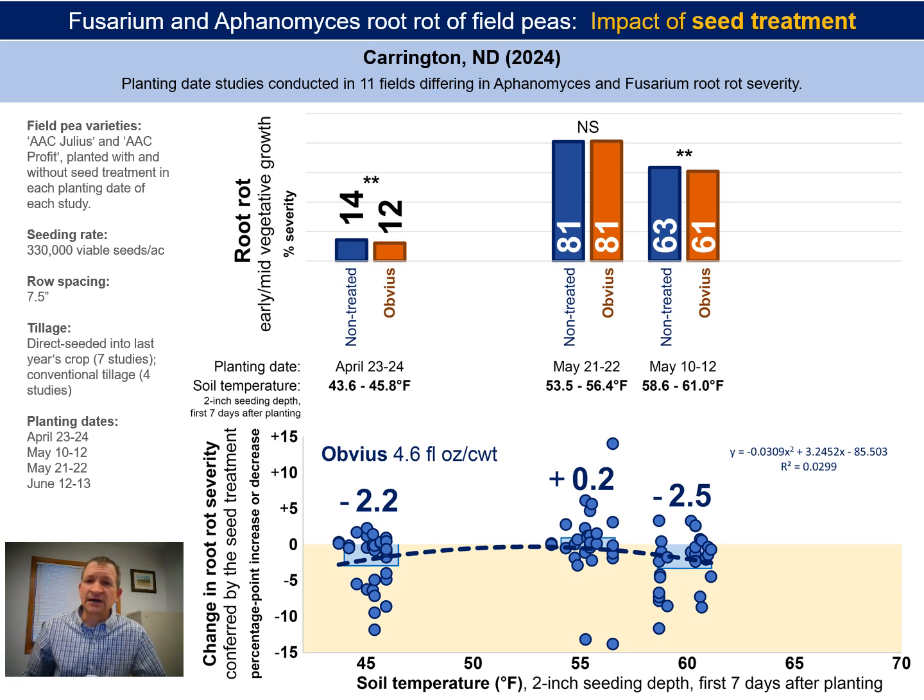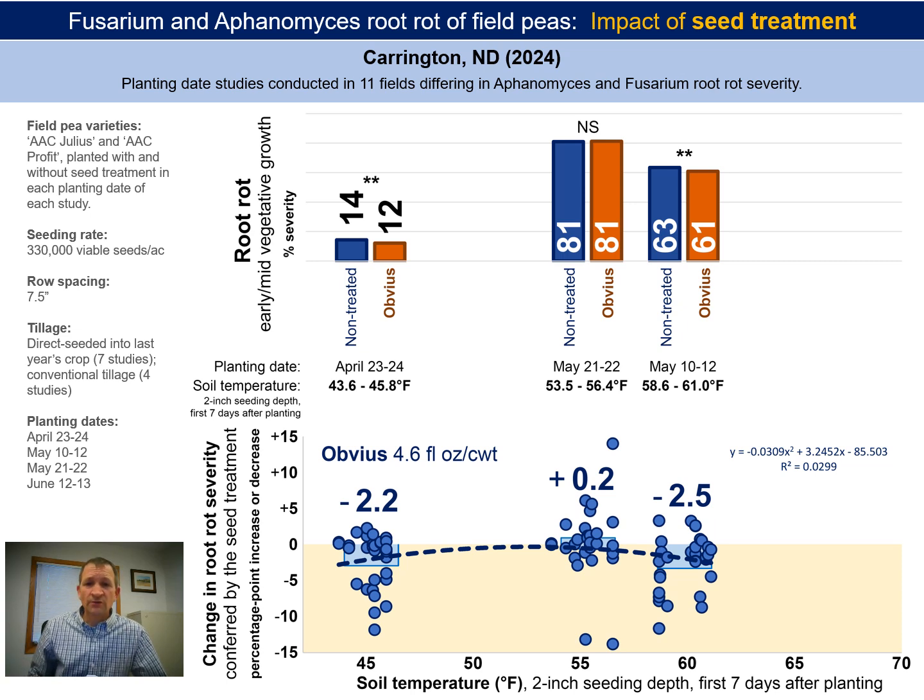By the time we got into May 10th to 12th, our soils were a lot warmer, and everything was north of 50 degrees Fahrenheit. Again, these were studies where we direct seeded into last year's crop residues, or they were conventionally tilled. Under these scenarios, the soils warm up quite quickly.